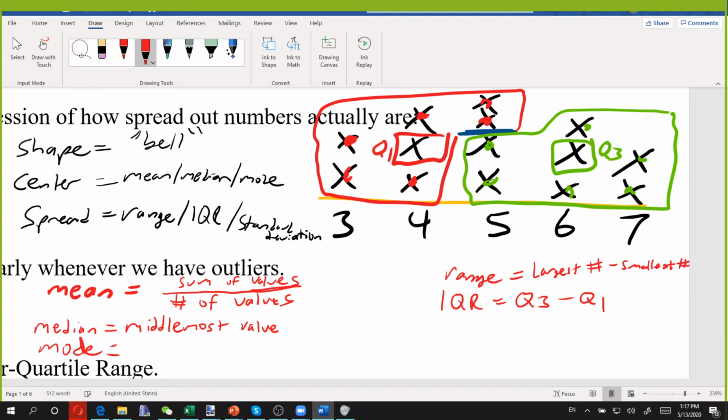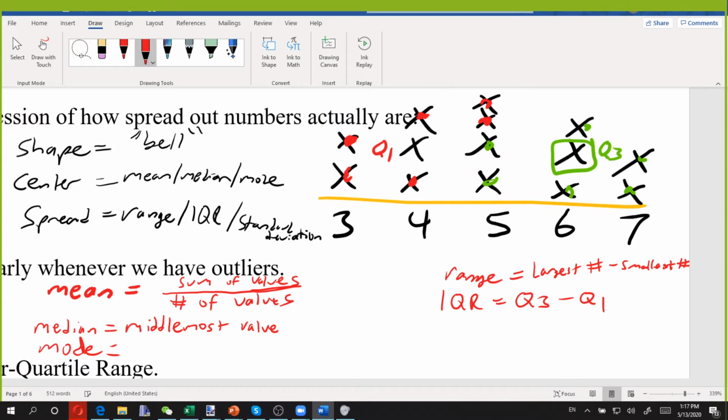Sarah, can you give me a definition for mode? Or how you would find it? Mode is the number that occurs the most. Perfect.